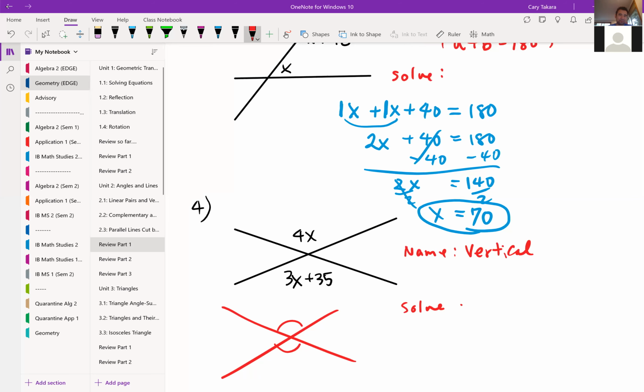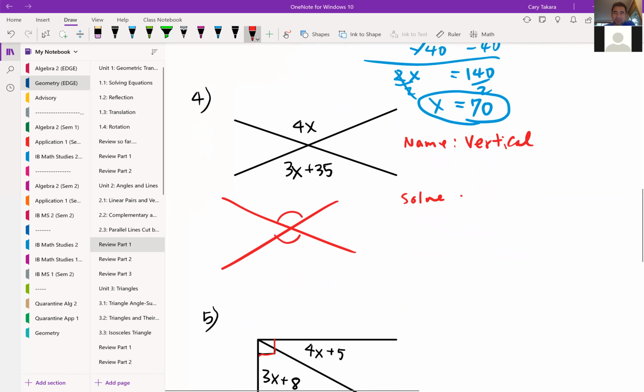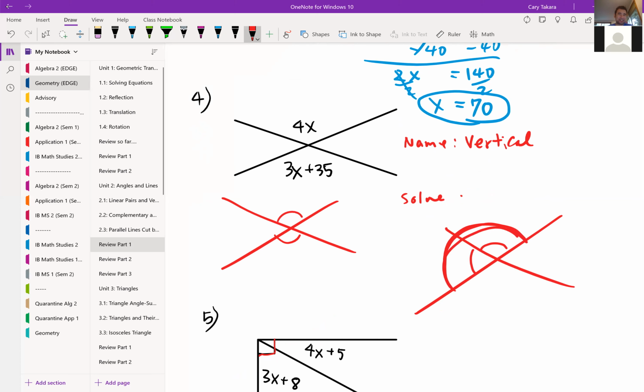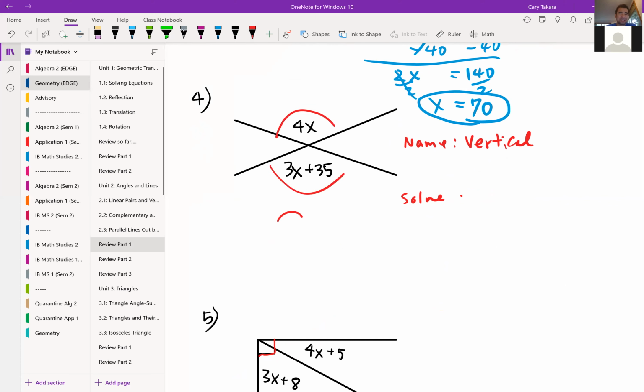If you're talking about this angle and this angle, then this is a linear pair because that's 180 degrees. You see the difference here? But this one clearly is the opposite angles. So this is vertical angles, and the relationship is A equals B. Very good.